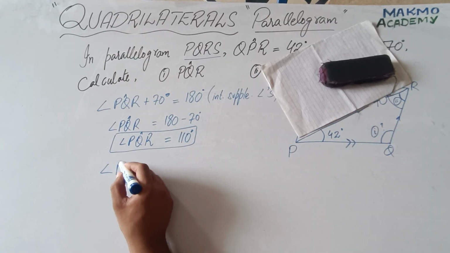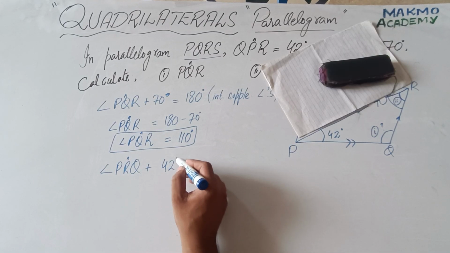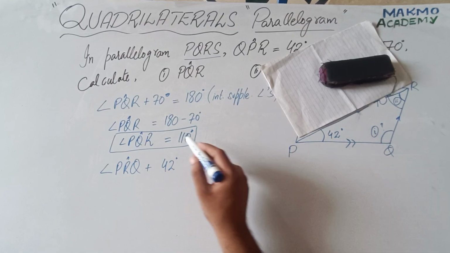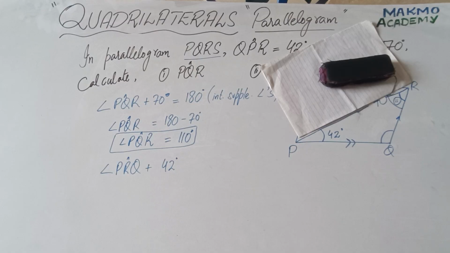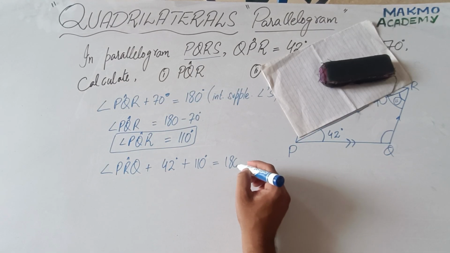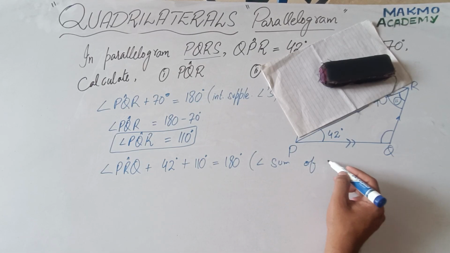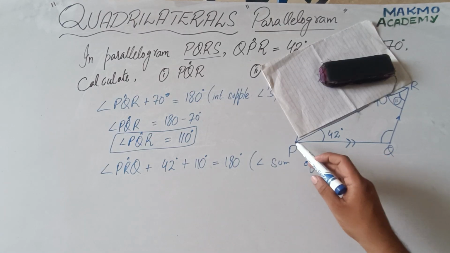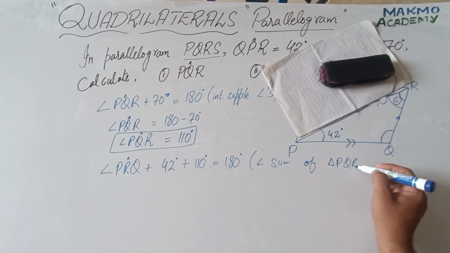So PRQ plus 42 degrees, this angle, plus the size of this angle, which is equal to 110, which we have found, so plus 110 degrees is equal to 180 degrees. Now we will write down the reason: angle sum of triangle. We are talking about the triangle PQR.